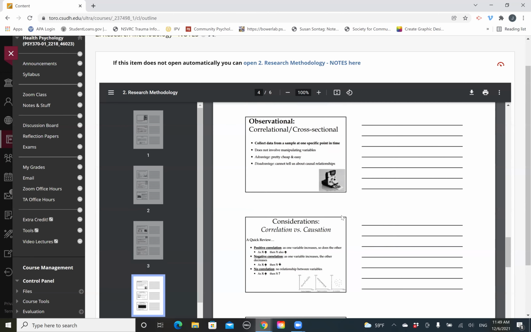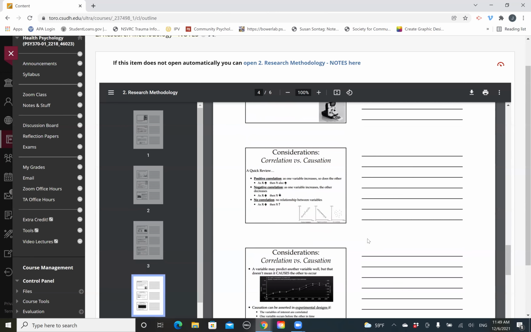Positive correlation, so this is important, people get confused about this all the time. As one increases, so does the other. Negative, as one increases, the other decreases, not both decrease, right? So let's think of a negative correlation. The more I run, the less I weigh.